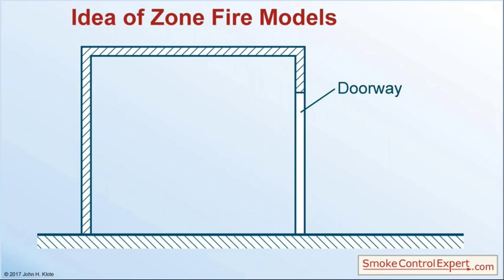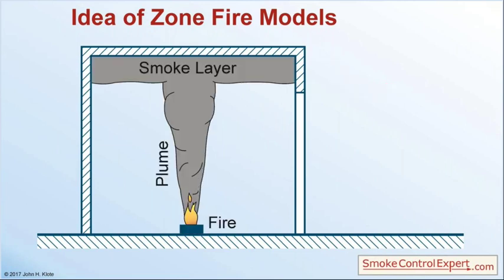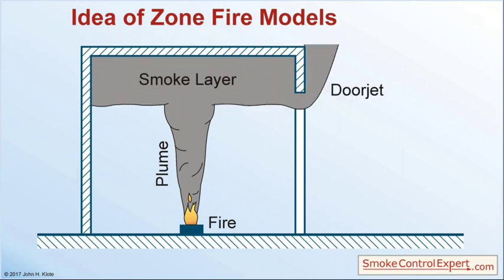The idea of a zone fire model came from people back in the 70s and early 80s viewing small room fires. In the early stage of the fire, we get a plume, and it goes up and hits the ceiling of the room, and the smoke spreads out. Then as time goes on, the smoke layer falls, and it'll fall such that it'll flow out the door of the room.